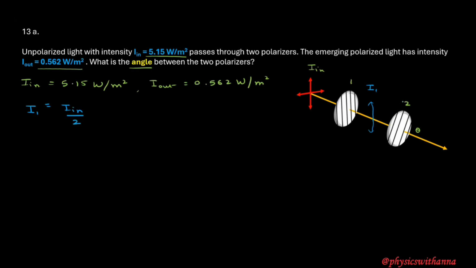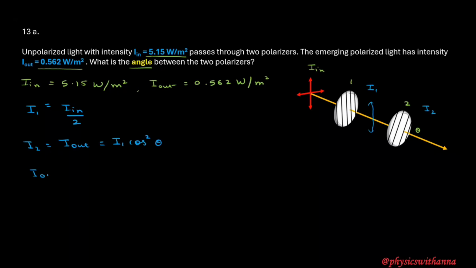Then this light falls on polarizer 2, and since this is plane polarized light, when it passes through polarizer 2, we will find its intensity I2 using Malus's law. I2 has to be equal to the intensity which is coming out, which is I out, and that can be found using Malus's law, I2 equals I1 cosine square theta.